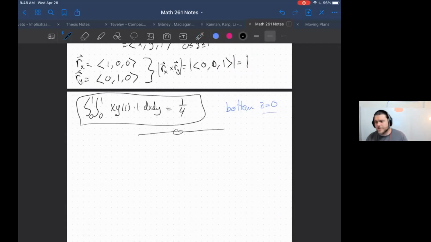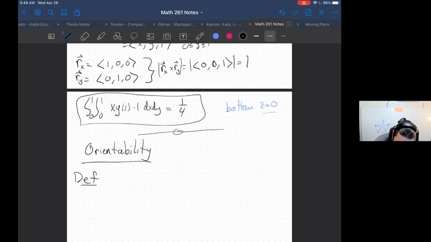Something else to consider that we won't really focus on too much is orientability. Or really, this should be an orientable surface.